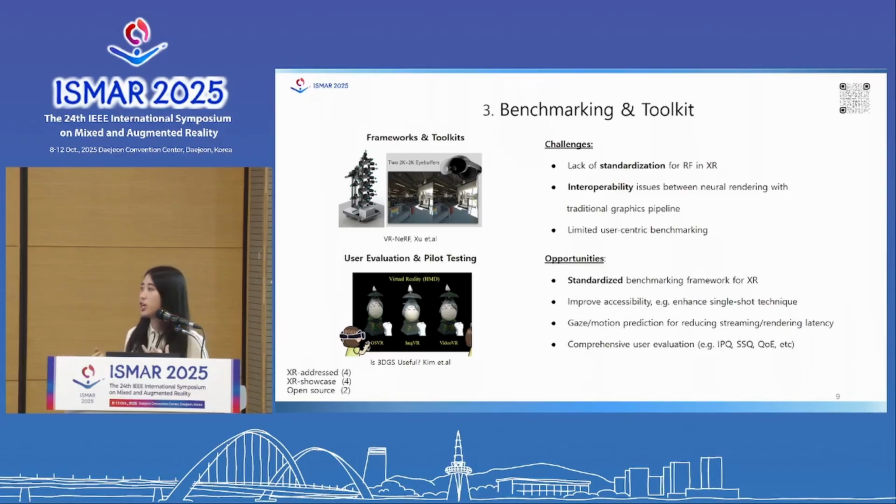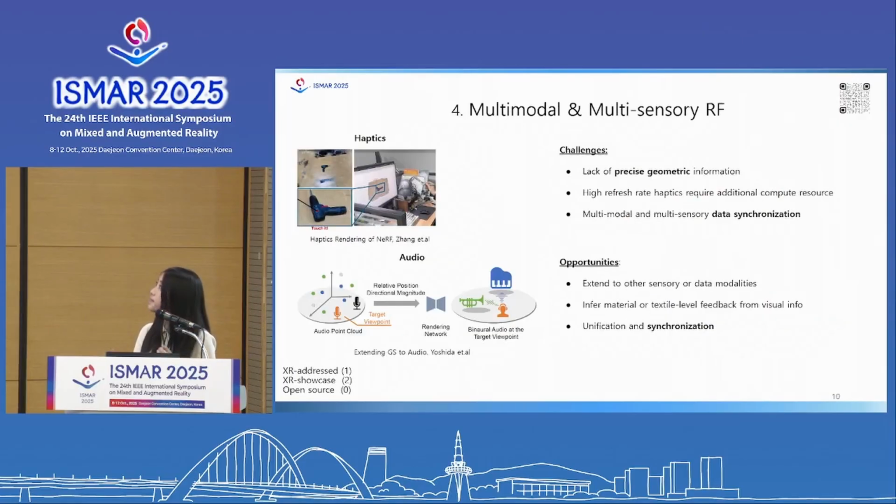And here the biggest challenge encountered is the standardization of this representation and also their interoperability with traditional game engines, which means that, for example, a neural network model can be hard to integrate into a traditional game engine, and there is enormous potential for further discussing standardization of different photorealistic and neural rendering scene representations for extended reality.